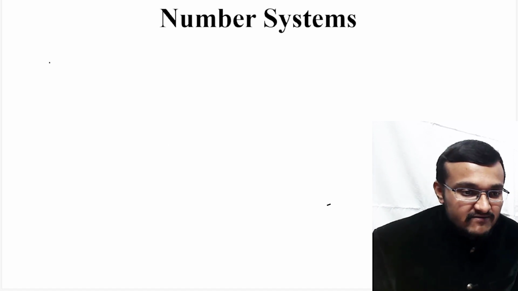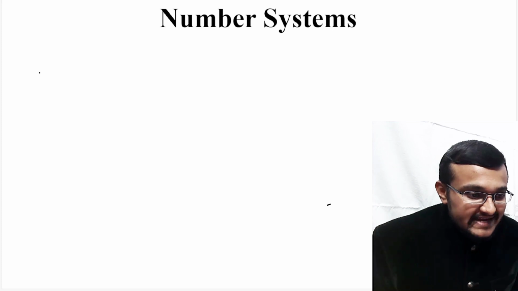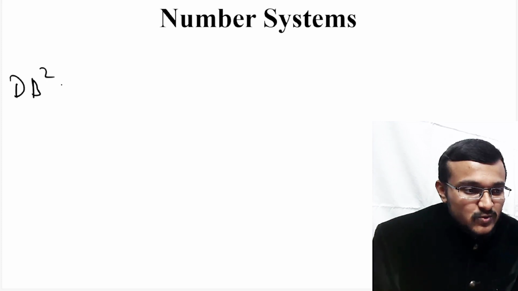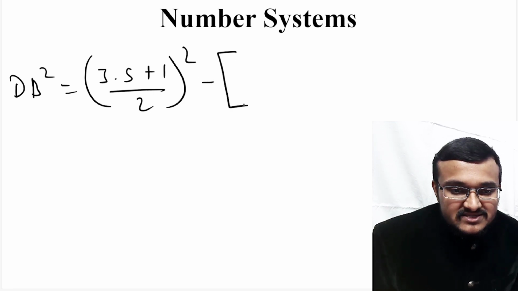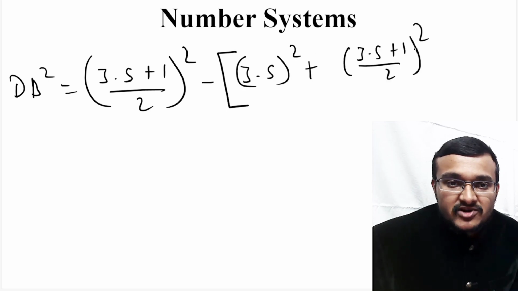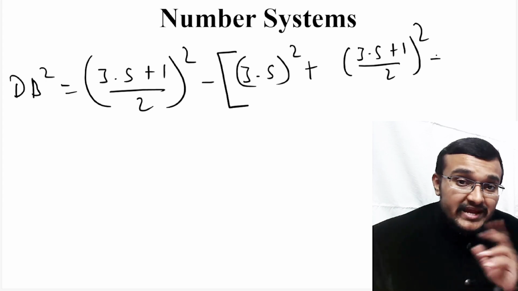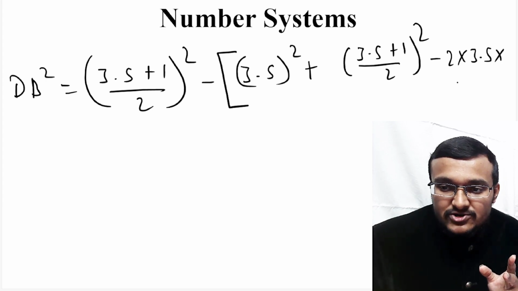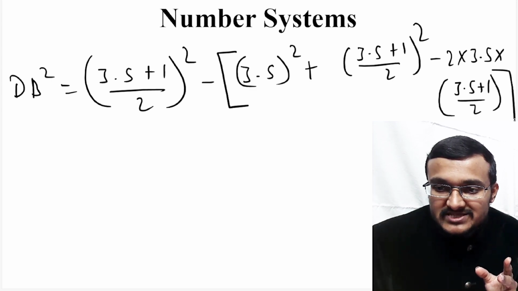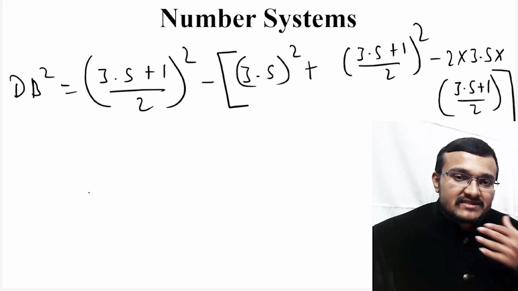Now if you try to expand this, DB square is equal to ((3.5 plus 1) by 2) whole square, minus, inside a big bracket, 3.5 whole square plus ((3.5 plus 1) divided by 2) whole square minus 2ab. So 2ab means 2 into 3.5 into (3.5 plus 1) divided by 2. This entire thing will be in the bigger bracket.